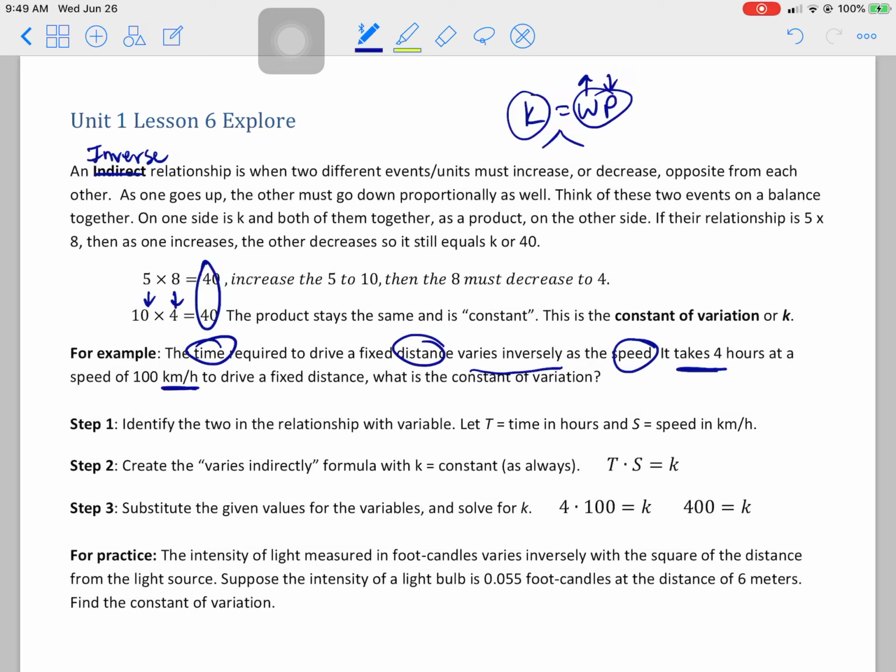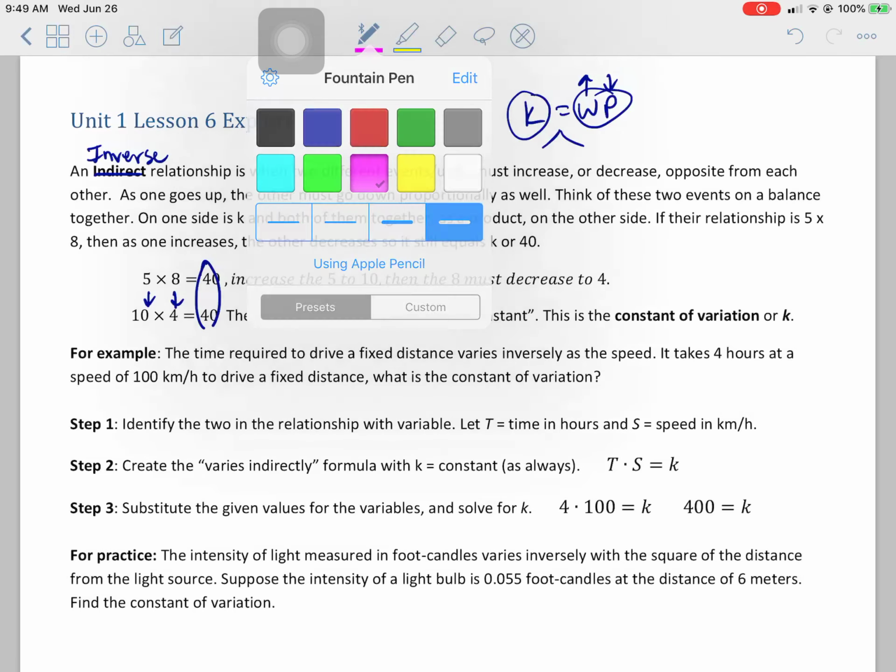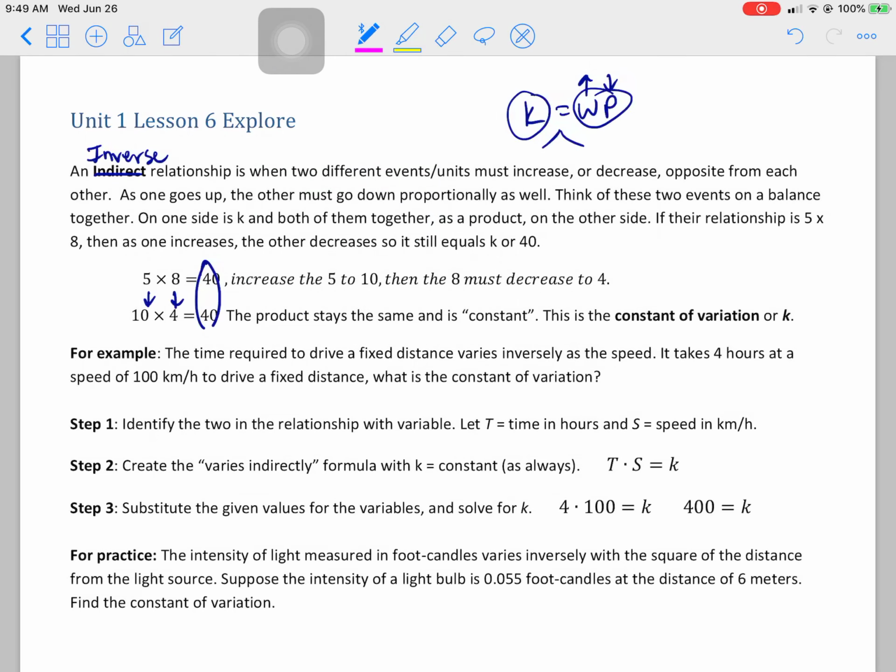so here, let's go back. I just demonstrated how confusing this can be. Hang on. All right, I'm going to do it more slowly. The time required to drive a fixed distance varies inversely.